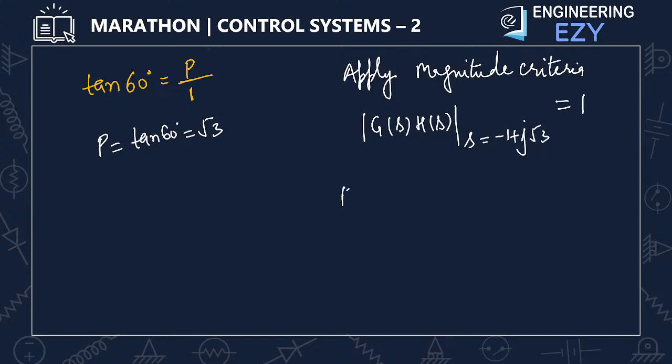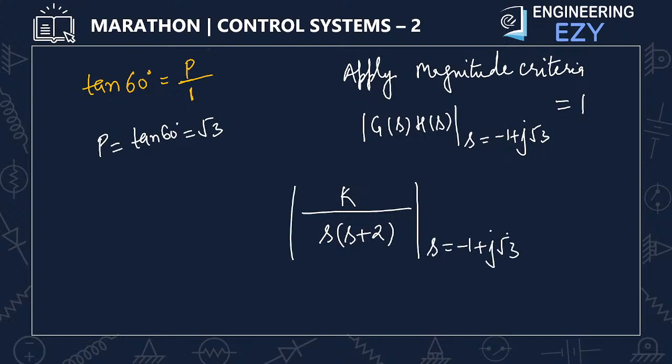Now the question becomes very easy. Modulus of K upon s plus 2 at s equal to -1 plus j root 3 must be equal to 1.